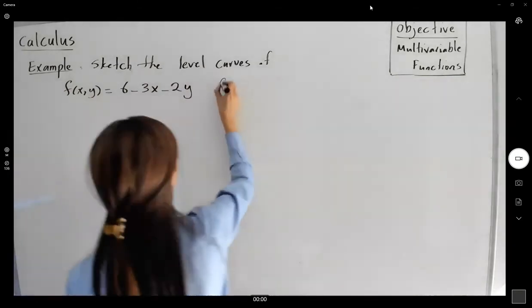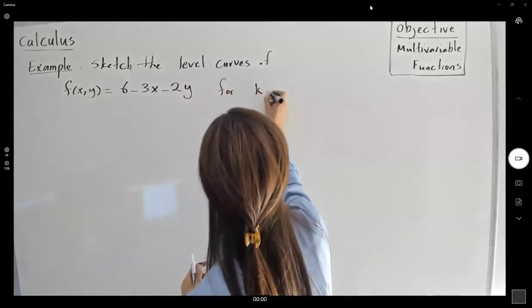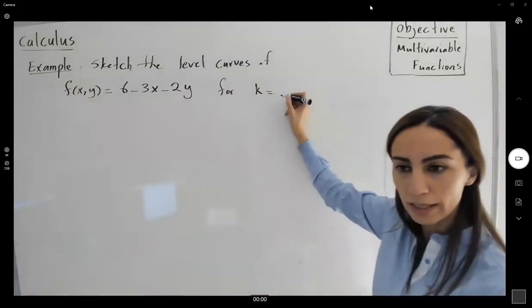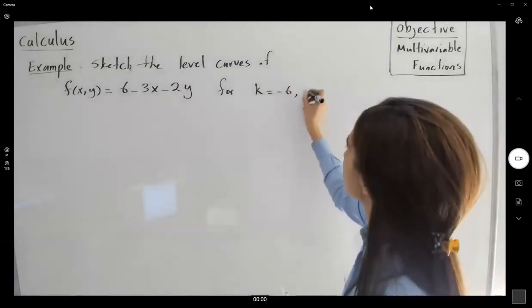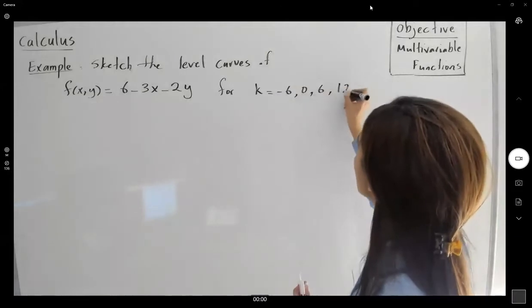Here, our k values are given to us. One k is negative 6, the others are 0, 6, and 12.